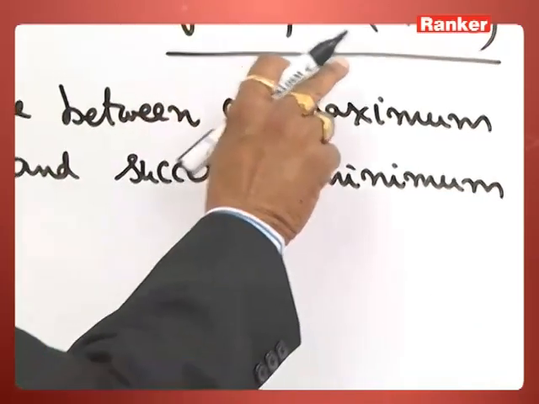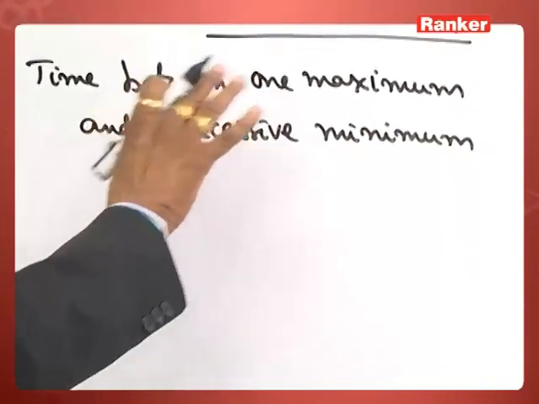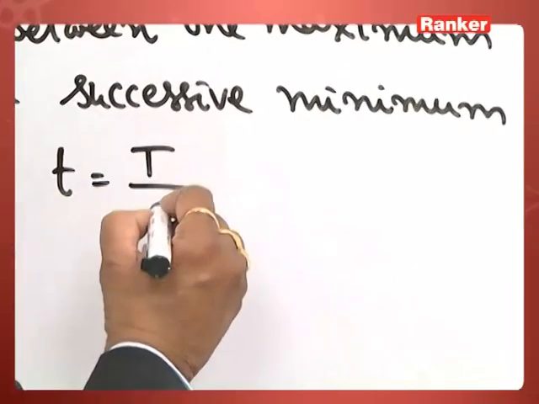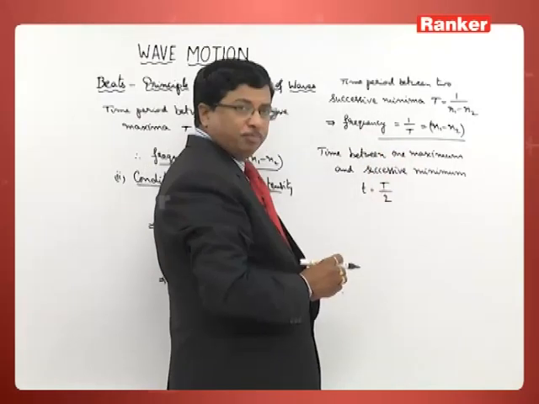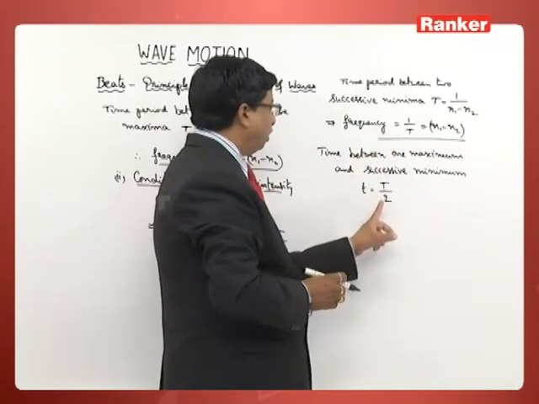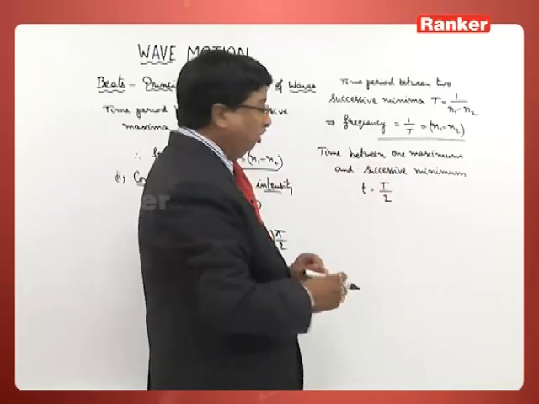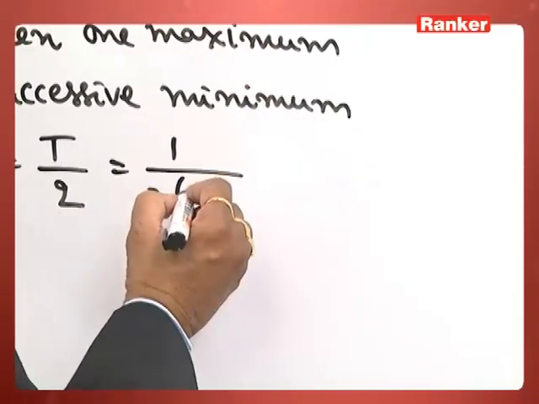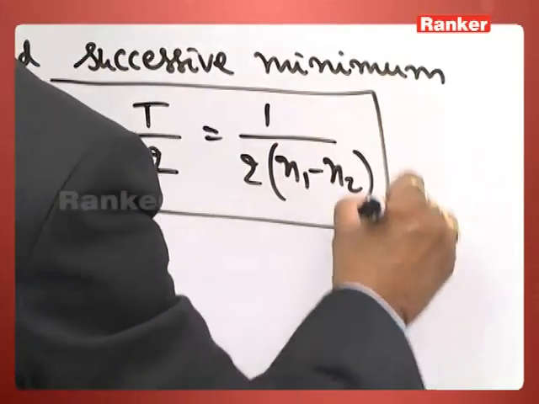Whether it is one maximum and successive minimum or one maximum and immediate minimum, whatever we are getting, minimum sound or intensity, that time is going to be T by 2. Between maximum to maximum it is T, minimum to minimum it is T. For maximum to minimum it is half of the total time period, T by 2. When it is T by 2, what would be the corresponding formula? 1 by 2 into (n1 minus n2). This is one formula one needs to remember.